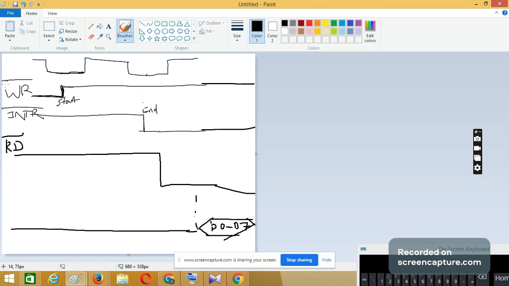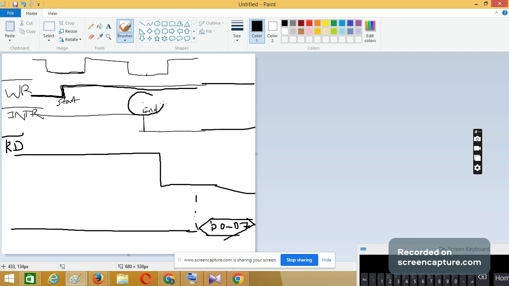This is the way you have to program. First send a signal through the write signal, the WR bar signal that starts the conversion, and get ready. That is, by making it 0 and then making it 1 for the next cycle. Then it will wait for the interrupt signal to come. INTR bar going low means that conversion is over.